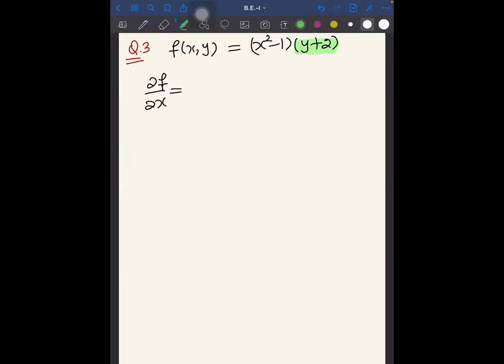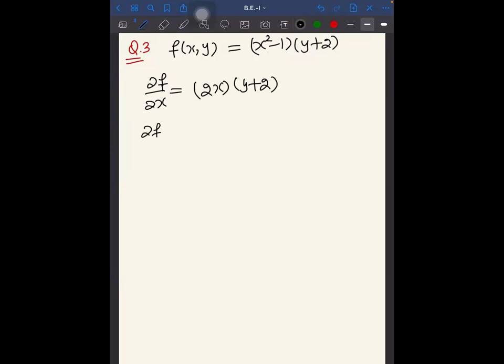Is it okay? So we can simply write it as 2x times (y + 2). That's it. We don't need to take the product first and then determine these derivatives. So this can be done directly.